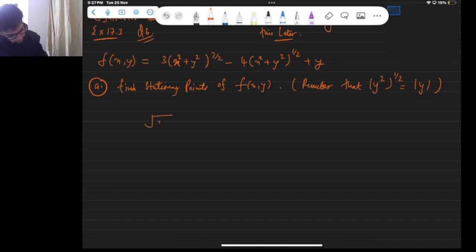The root of 25 is 5. The root of 25 is always equal to 5, because a root can only take positive values. It can never take negative values, so this will always be 5, never negative 5.